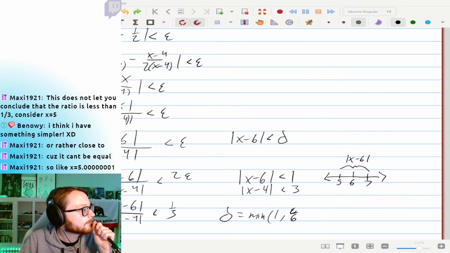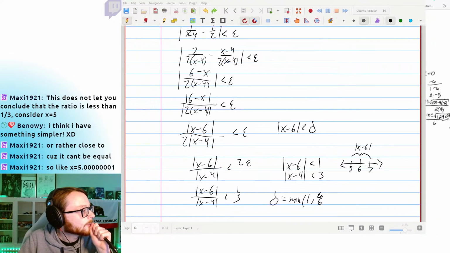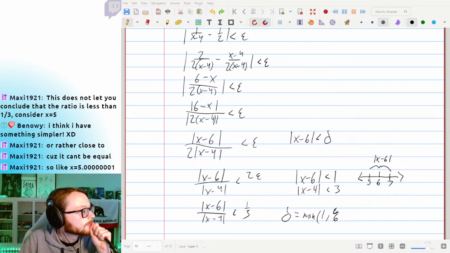I need to figure out why that happens. That's easier? That's the limit to infinity, which is a little bit different.